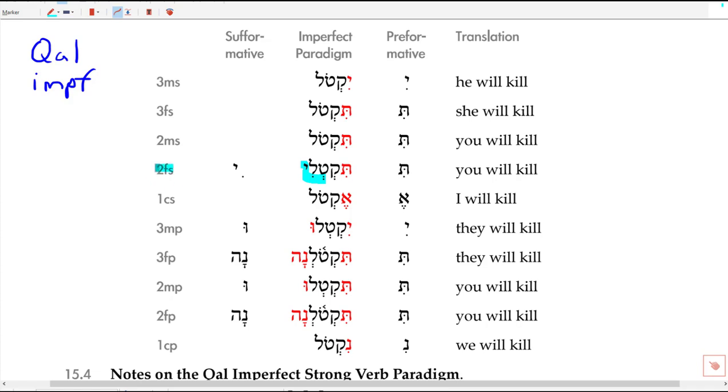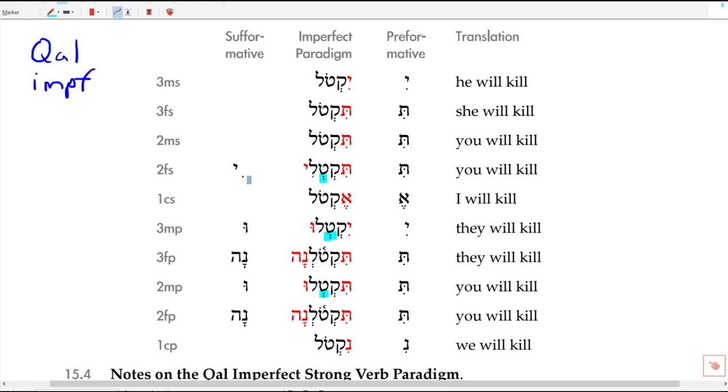So we have the second feminine singular, it's got that hireq yod. The third masculine plural, it's got the shureq. And the second masculine plural, it's also got a shureq. So in these cases, the theme vowel is a vocal schwa. So we see that for second feminine singular, we see it for third masculine plural, and for second masculine plural.